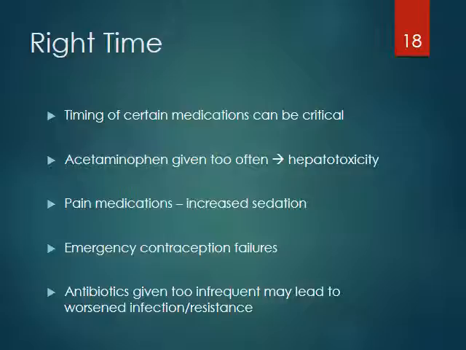If they are given too infrequently, it could lead to subtherapeutic levels in the blood, worsened infection, and resistance by the bacteria. So timing of antibiotics is a big initiative for a lot of hospital medication safety initiatives, to make sure that, especially for things like pneumonia or sepsis, antibiotics are given at an appropriate time, not only initially but also for subsequent doses.